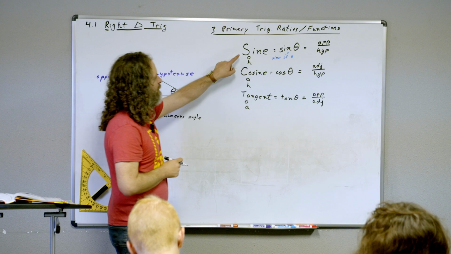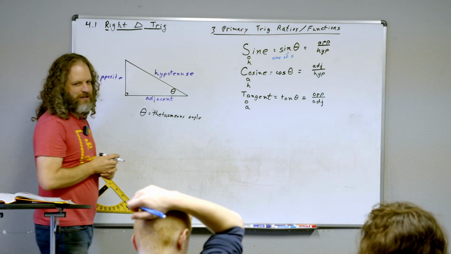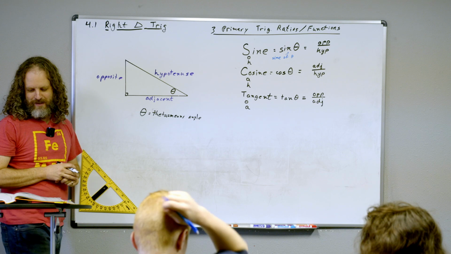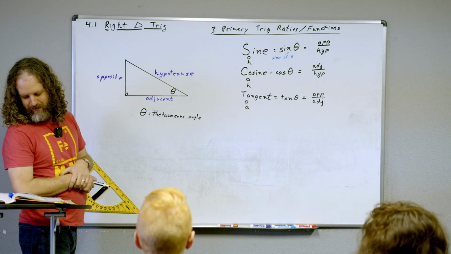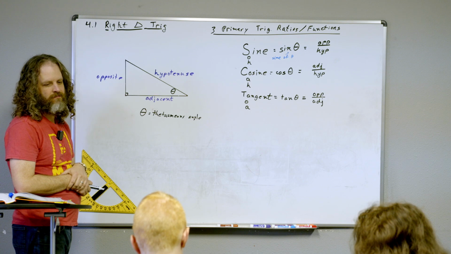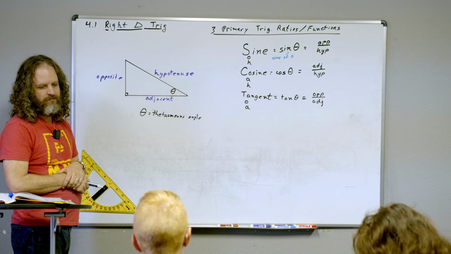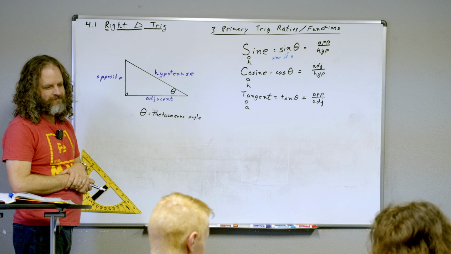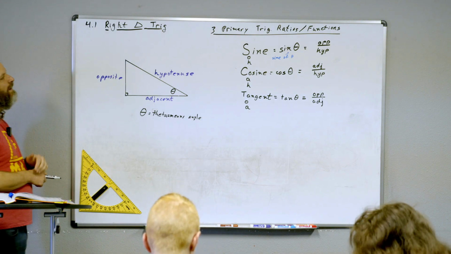Sine is opposite over hypotenuse, cosine is adjacent over hypotenuse, tangent is opposite over adjacent. Easy peasy so far? No big dealio? I write it like this, or like little waterfalls. Okay.